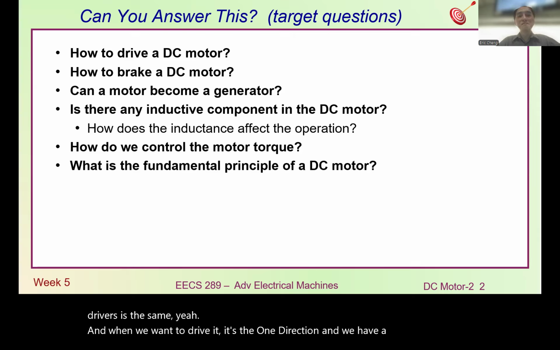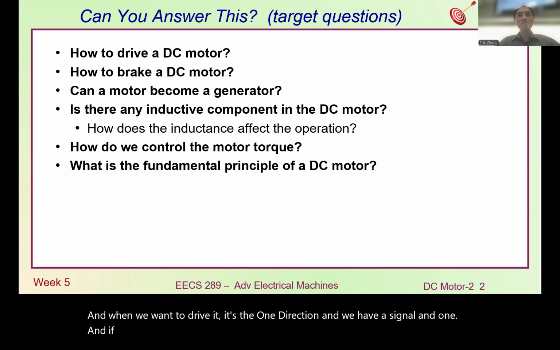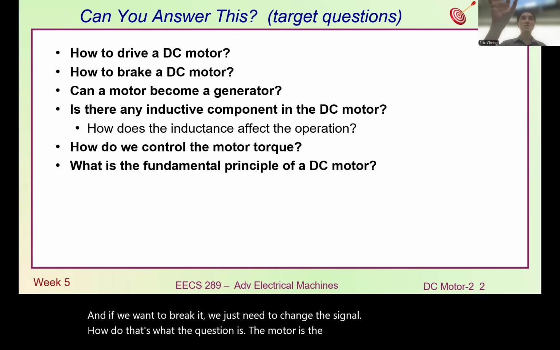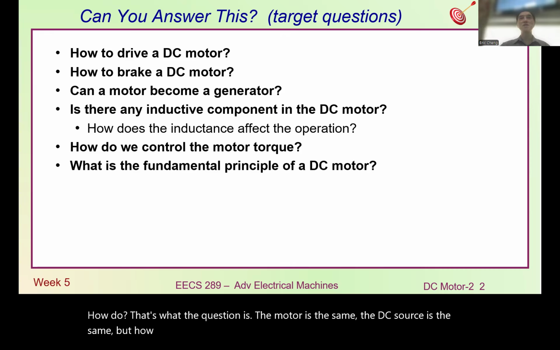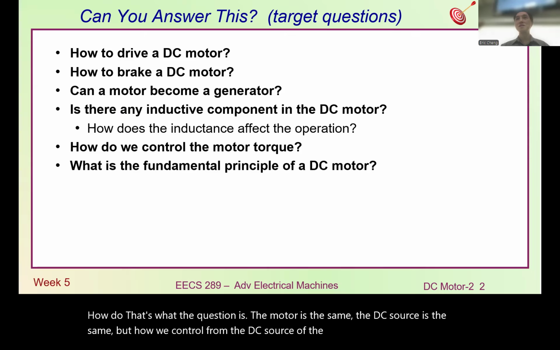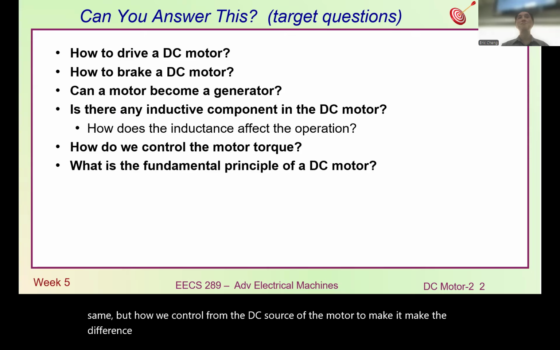And if we want to brake it, we just need to change the signal. How do we do that? That's what the question is. The motor is the same, the DC source is the same, but how do we control from the DC source to make the difference between motoring and braking?